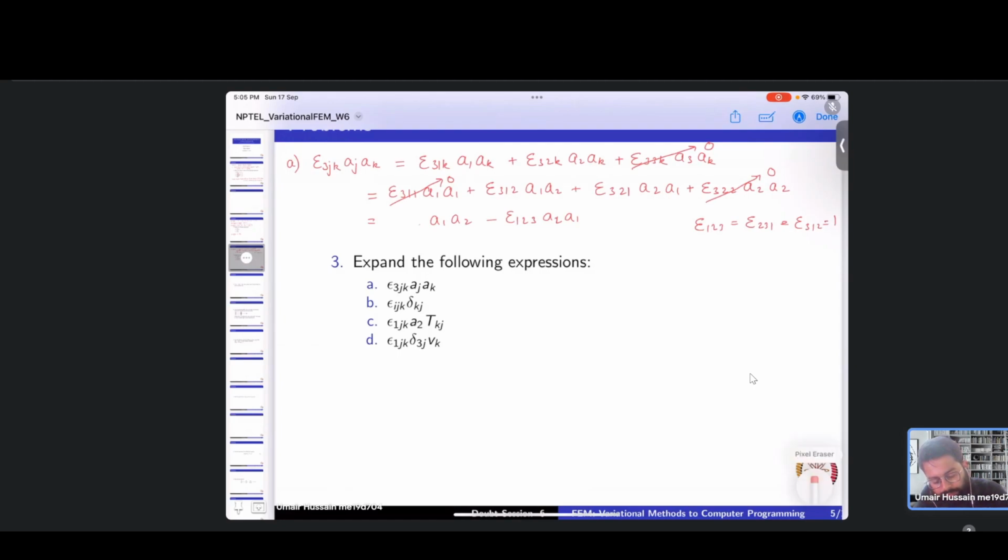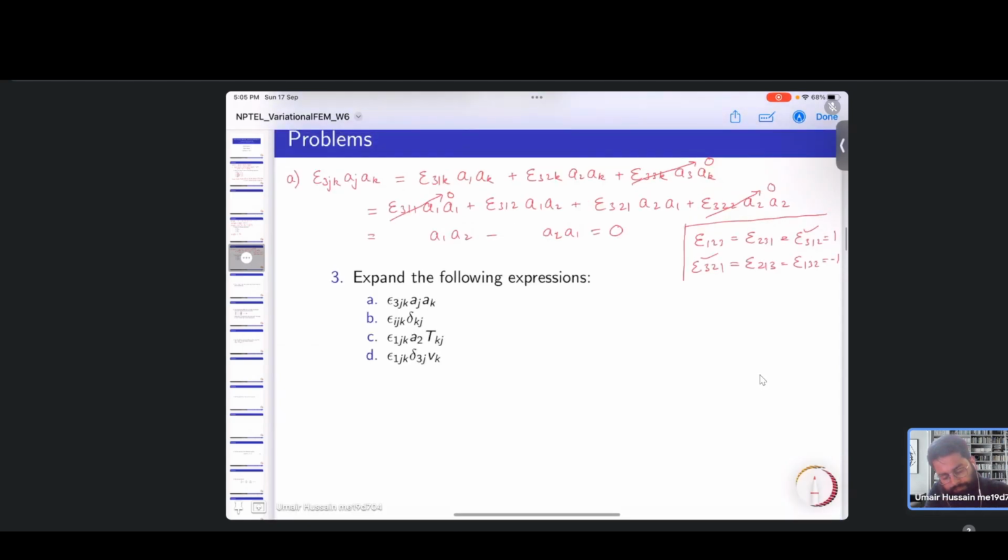So basically this term actually becomes 1. And then we have epsilon 321 equals epsilon 213 equals epsilon 132, which equals minus 1. So we have epsilon 312 here as 1, and epsilon 321 as minus 1. So we have a1 times a2 minus a2 times a1. So this whole term becomes 0. Okay, I hope that's clear.